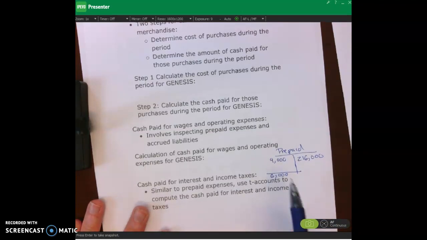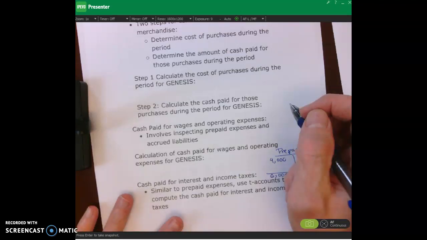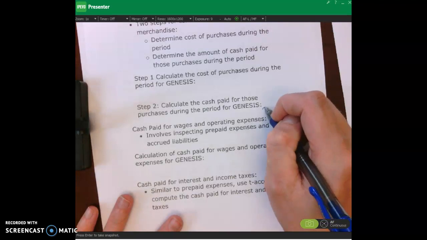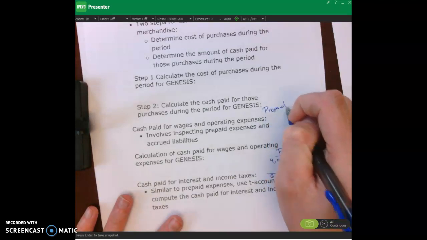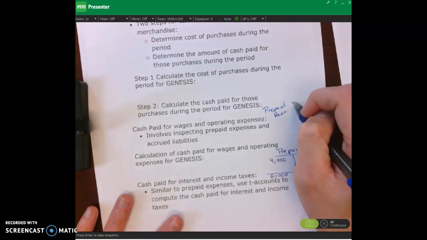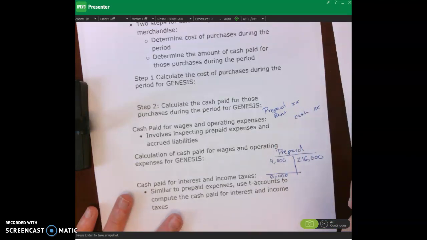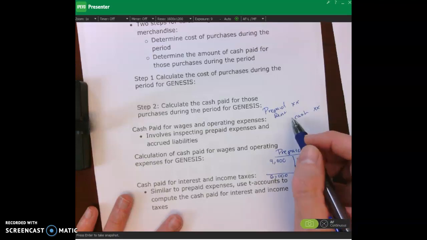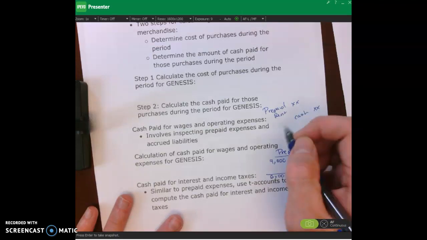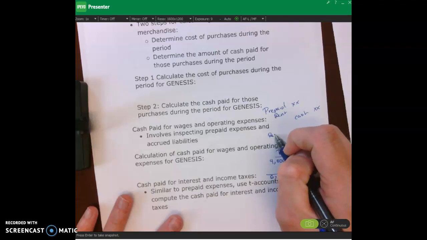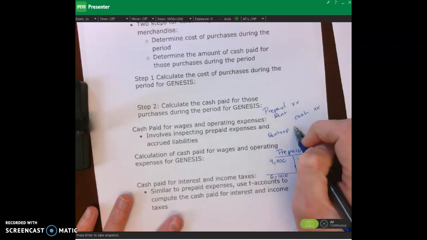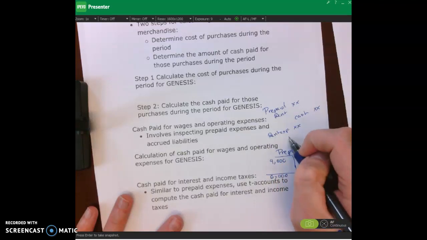Let me back up. Let's think about the journal entry to purchase prepaid rent. We would debit prepaid rent, credit cash, right? And to recognize that prepaid rent has expired, we would debit rent expense and credit prepaid rent.